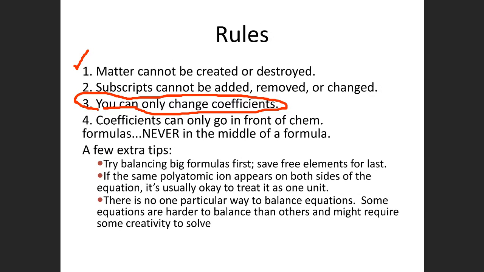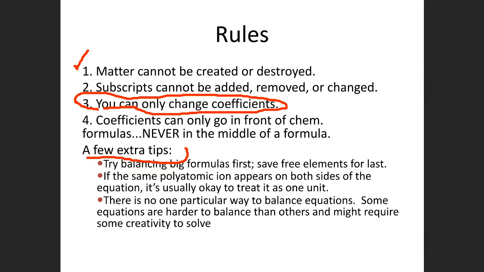A few extra tips. Balance the big formula first. As I said, big formula means the molecules or compounds. Never try to balance the free element first. Free means nitrogen, oxygen, hydrogen, or even water, that most of the time we see along with the chemical reaction.